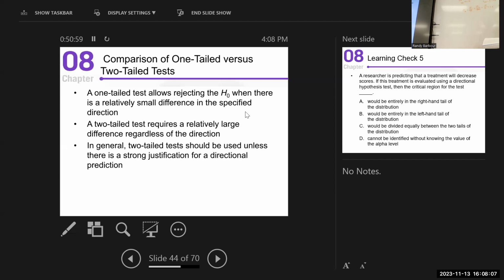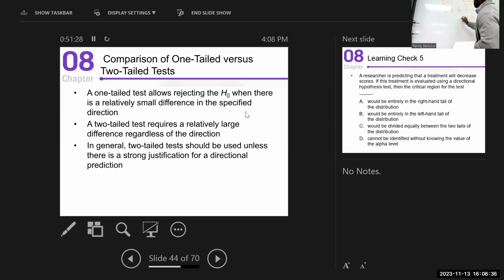The z formula is big M, the sample mean, minus my population mean, over my standard error. So now just plug in. I have my mean minus 50.5.